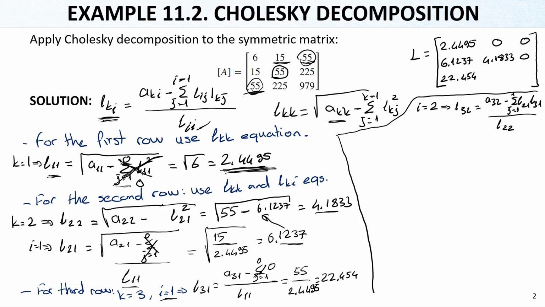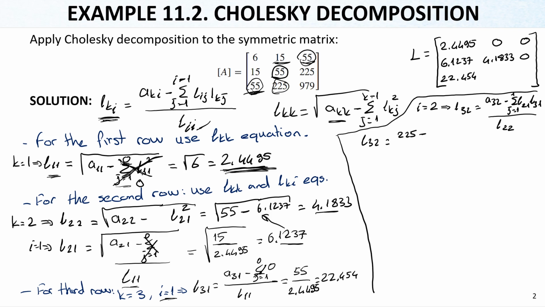If we write these, L32 is equivalent to A32, which is basically 225, minus, so the summation is only one value because j is from 1 to 1, and that's why it's just L21, L31. We can write them here.